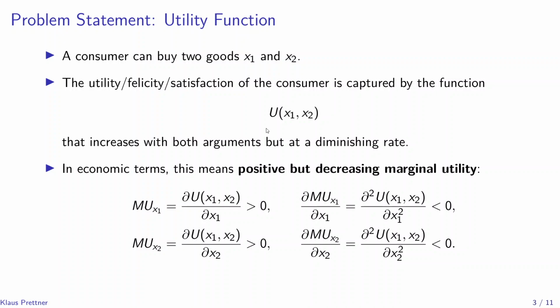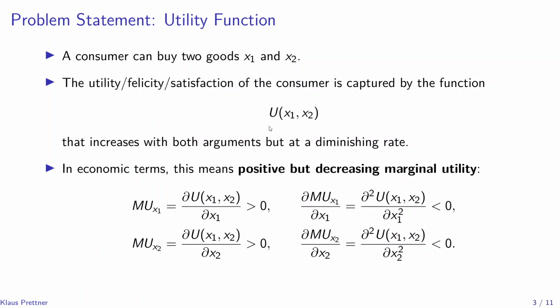Intuitively, you can think of this like you have different video games, say, and the first video game that you get brings you a lot of additional utility, right? If you have already 20 video games and you get the 21st one, then perhaps the additional utility gain that you get is not that large anymore.